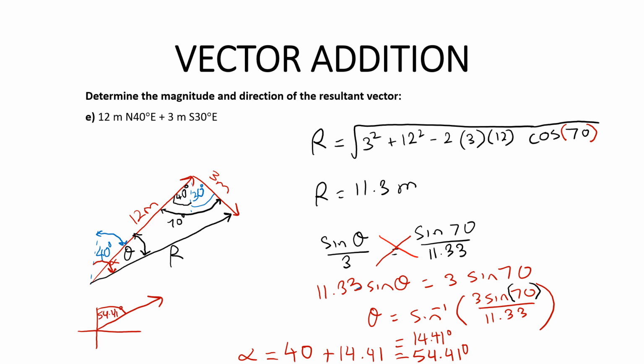Now we can say north 54.41 degrees east. This angle is between north and east, so we write northeast. Because the angle is starting from north, that's why I wrote north first, and the angle is 54.41 degrees.